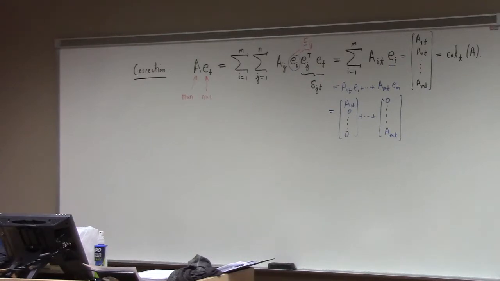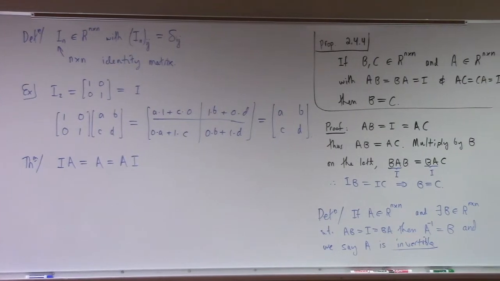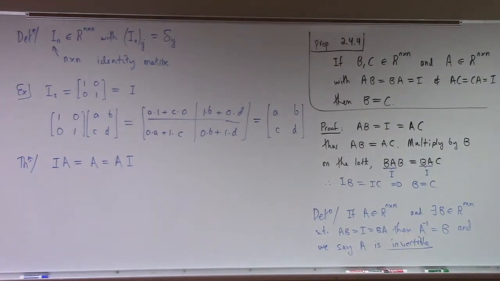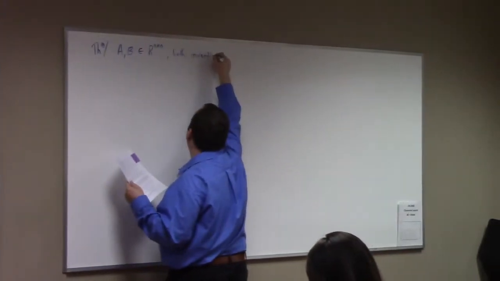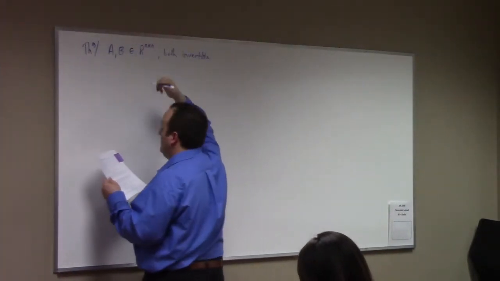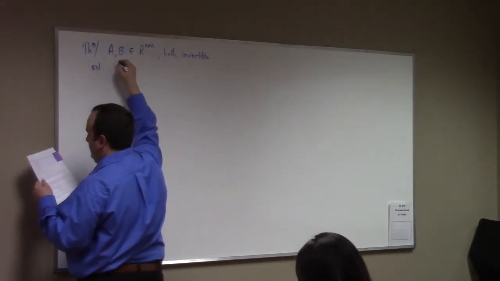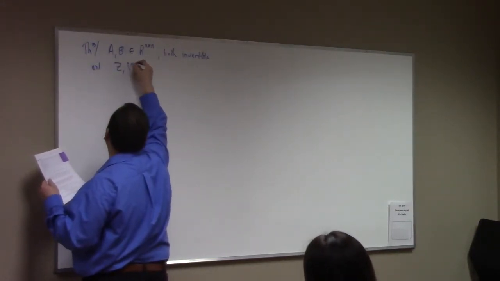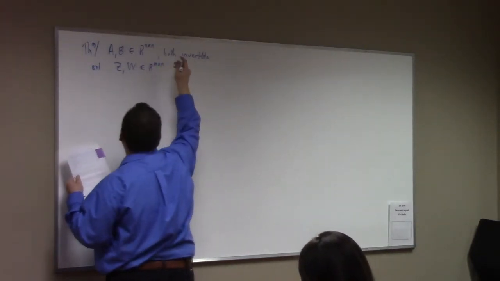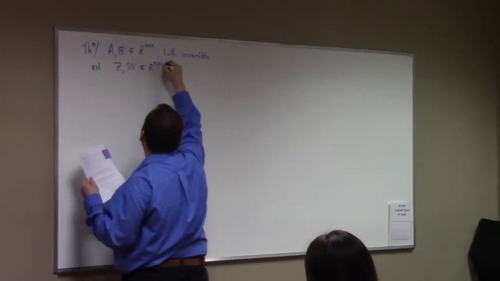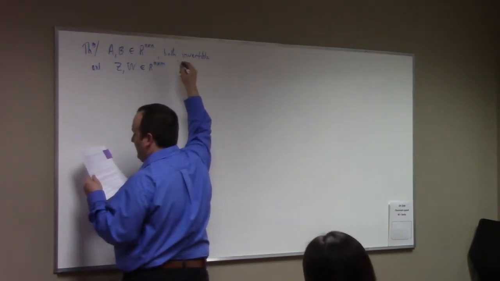Here's a theorem that kind of collects our basic ideas, concepts, conclusions, observations, whatever you want to say, about invertible matrices. So suppose we've got A, B, square matrices, both invertible. And suppose we have Z and W, n by m matrices.